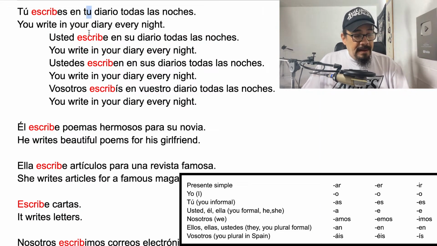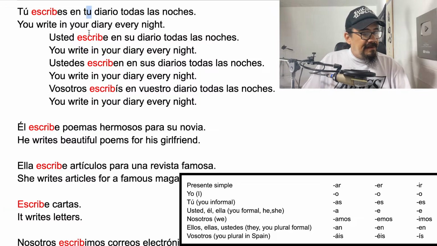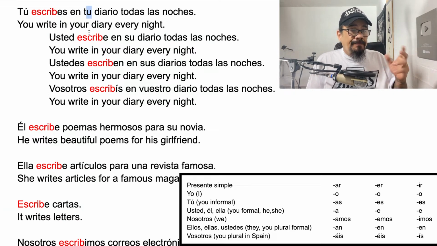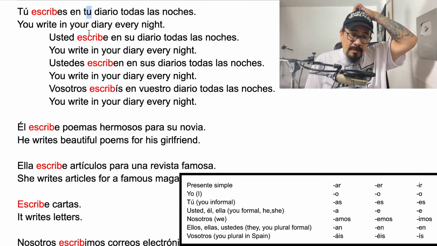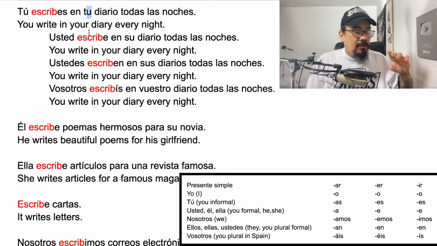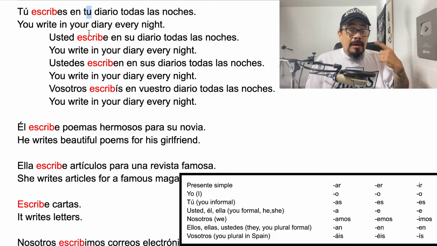Okay, bye-bye. Swag Thereafter said, no, amo el idioma español. Amo el idioma español, that would be I love Spanish language. That's it. You don't say me amo. You don't say that. Amo el idioma español.